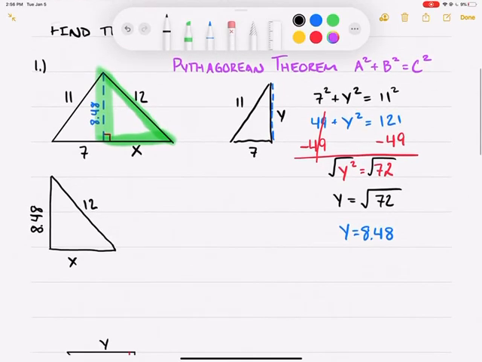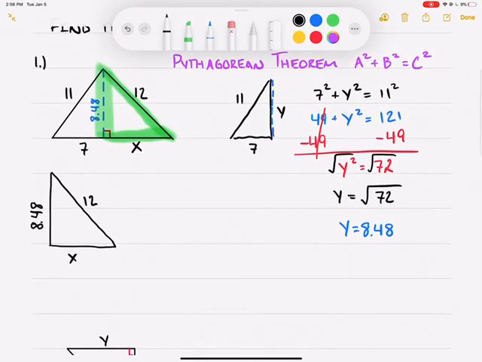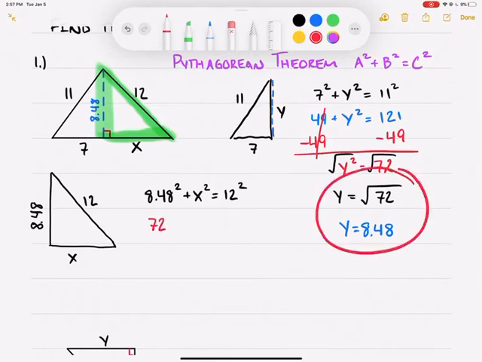We have 8.48 squared plus x squared equals 12 squared. 8.48 squared is obviously going to be 72, because we literally just did that, just going backwards. Plus x squared equals 144.